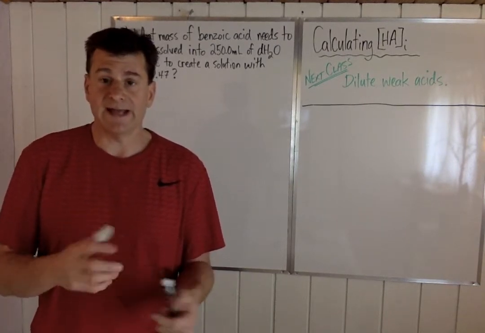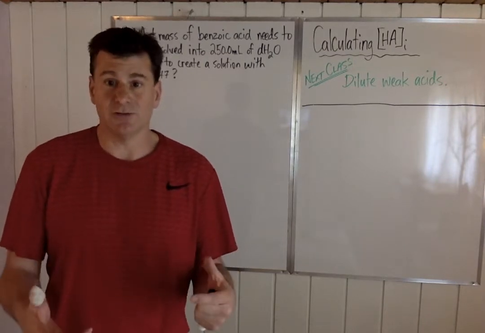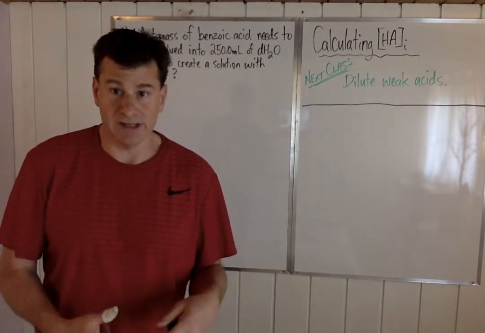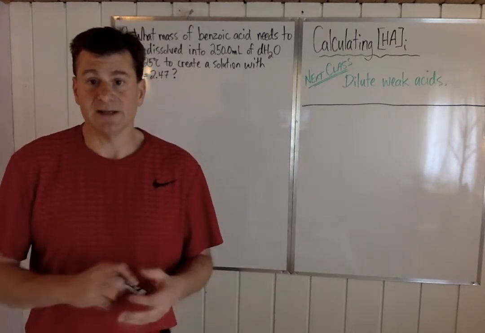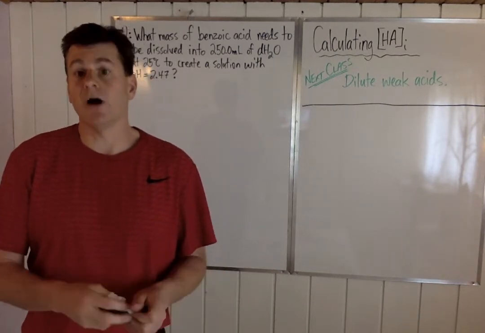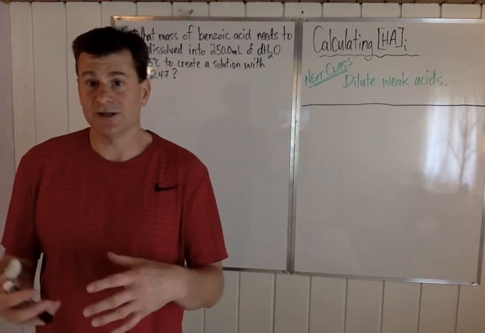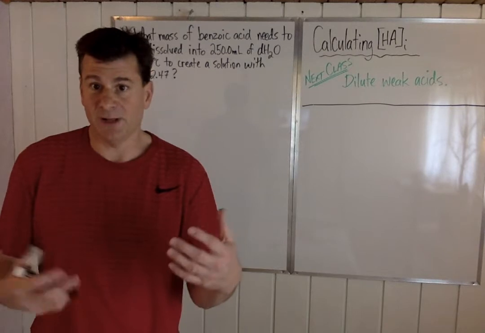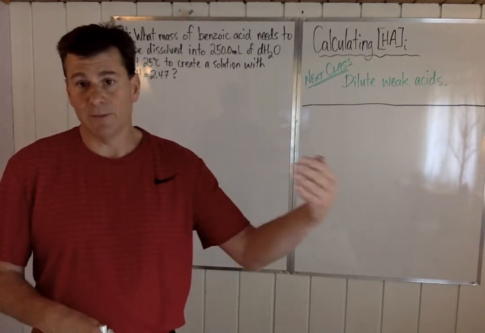So the answer to the calculation comes out as an initial concentration, which is moles per liter of the acid in question, in this case benzoic acid. To get mass, we're going to have to convert that concentration into moles by multiplying by volume, and then from moles to a mass by multiplying by the molar mass.